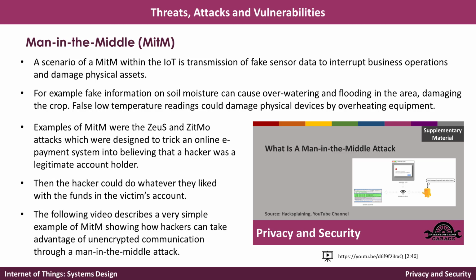An example scenario would be the malicious party intercepting data packets going between the control center and the IoT sensors, and changing them in such a way that it would mislead the control center and do damage to the physical assets.